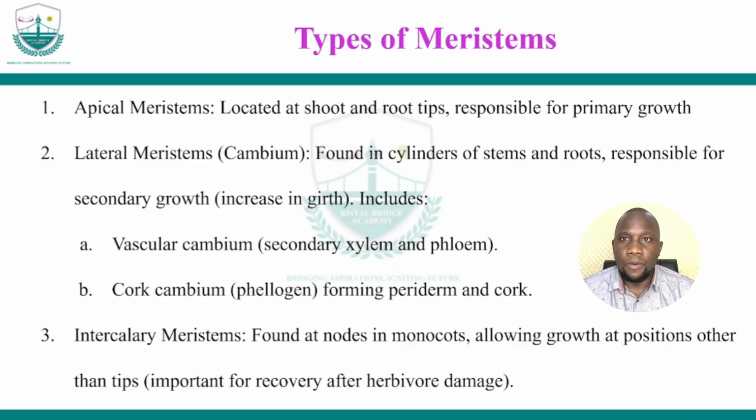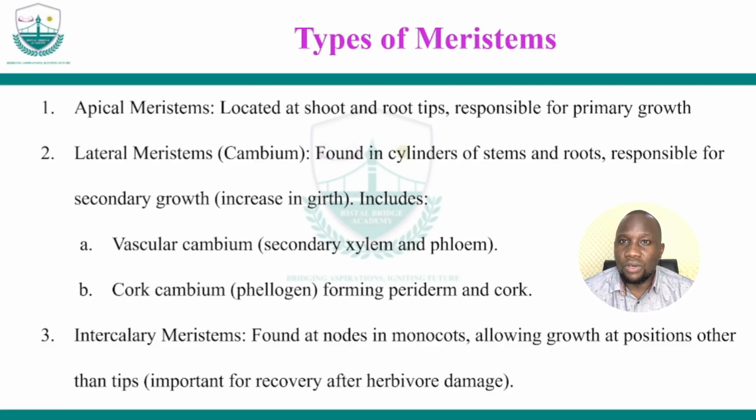Okay, so we have just noted that meristems is where growth happens, and we are saying that it happens at the tips of the shoots, but also at the tips of the roots. Now these two parts form what we term the apical meristems, but we also have other meristems that contribute to growth.